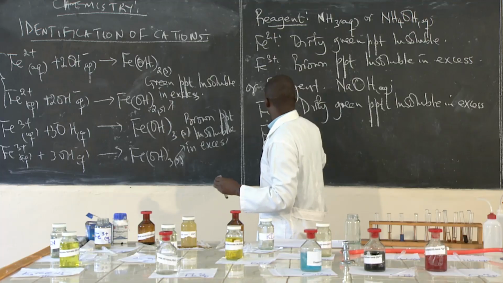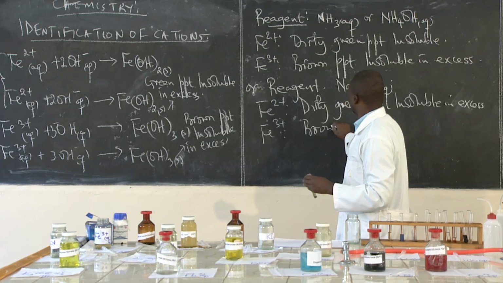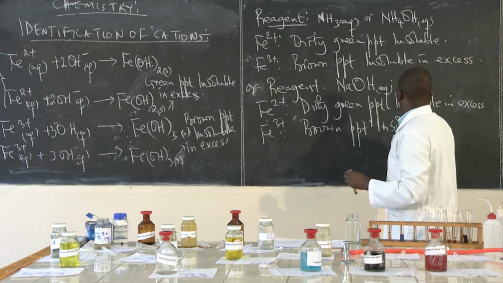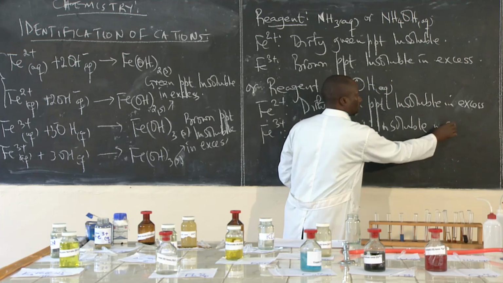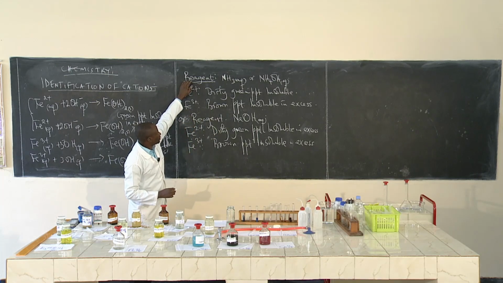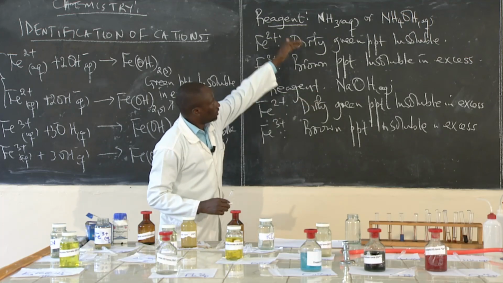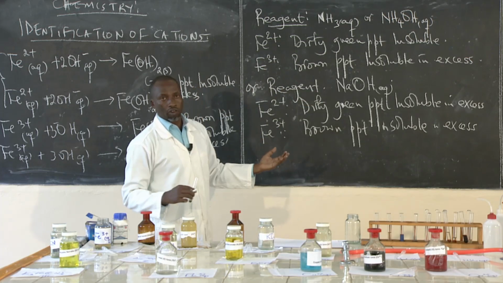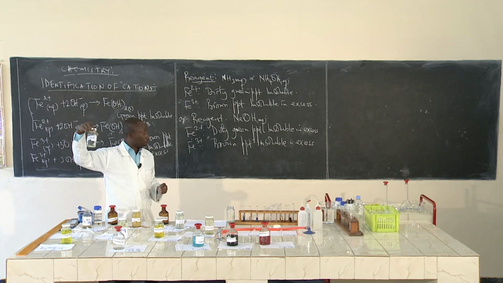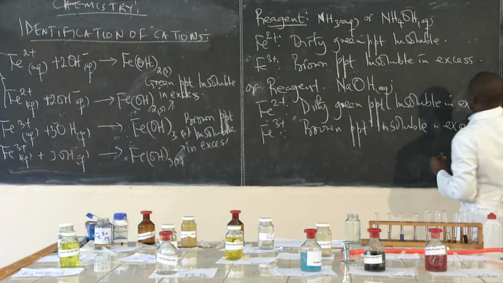And when you use iron 3, we get a brown precipitate, also insoluble in excess. So either ammonia solution or sodium hydroxide, you can use any one of them. Or you can use potassium thiocyanide.